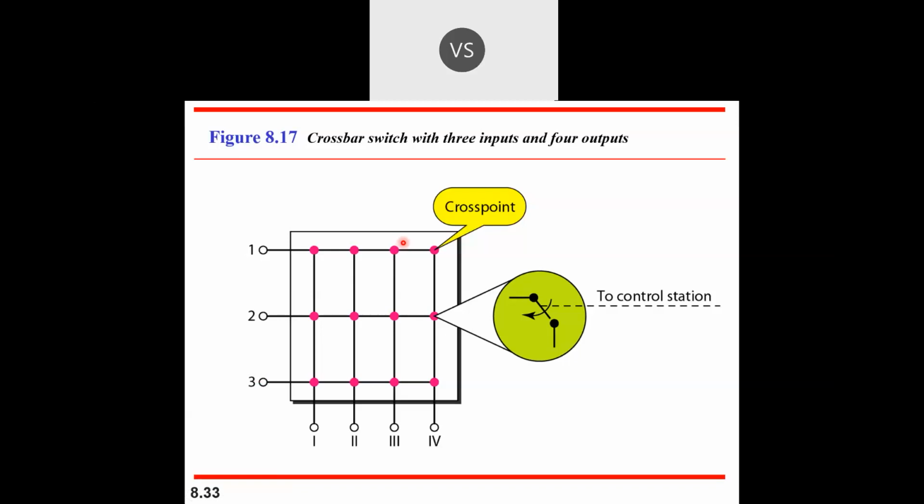So I have to press this switch here. And inside that switch, how will it look? There are some magnetic control stations. When such a connection is required, they will close that particular switch. So whatever data is coming from 1 is automatically carried forward to number 3. Okay. Previously, in the 90s, this was done manually.